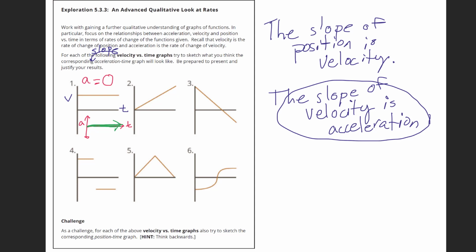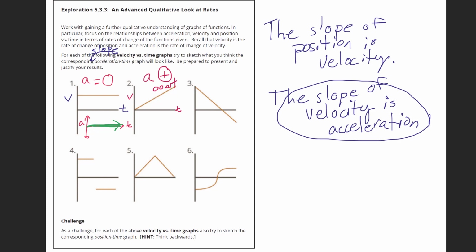Same thing over here. This time, we have t, and we have our velocity. This time, notice that your slope is a constant number. Your velocity is increasing, but it's increasing at a constant rate. Well, in this case, I don't know what our exact slope is, but I can tell you that it is some positive number, and also that it's a constant.